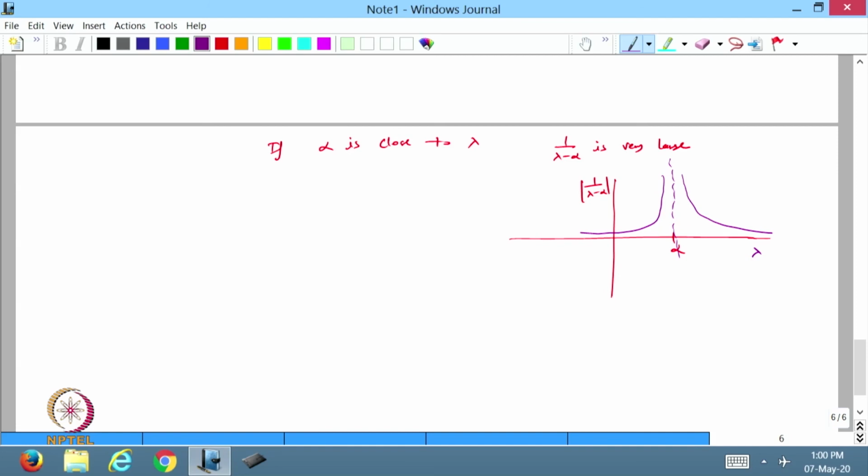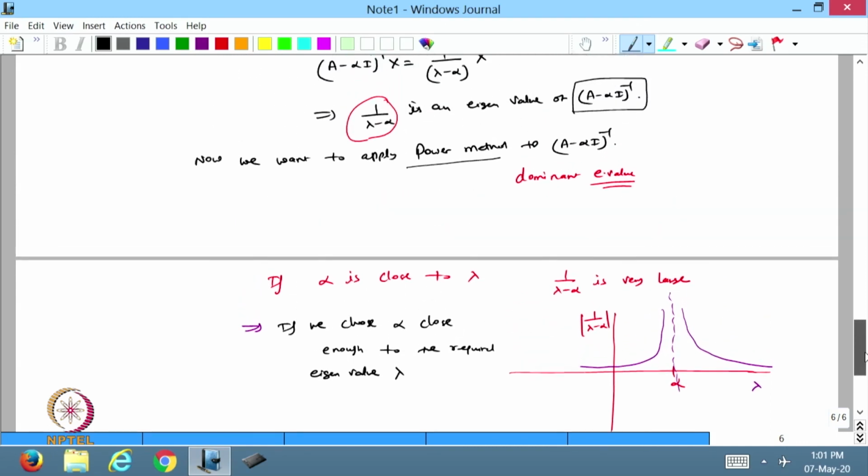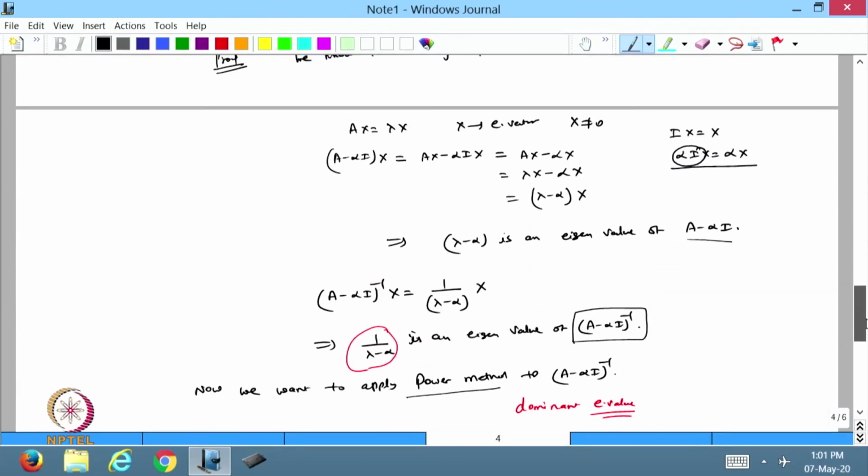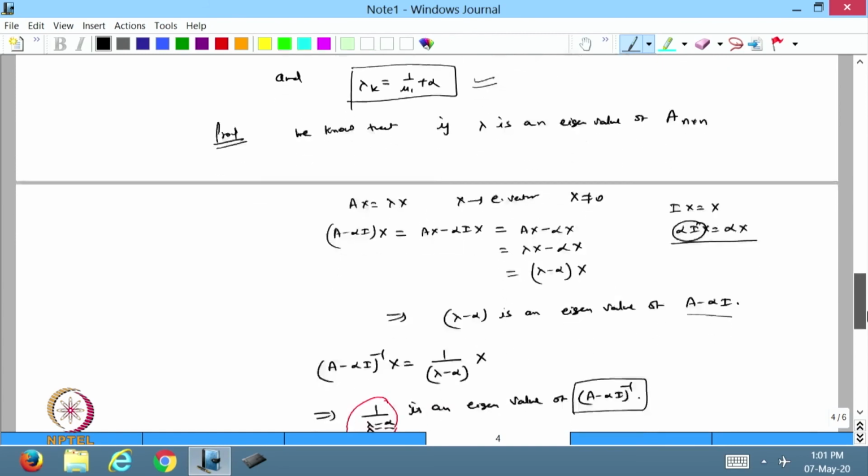Then using this, which implies that if we choose alpha close enough to the required eigenvalue, that is, suppose in this case what we have taken is lambda k.